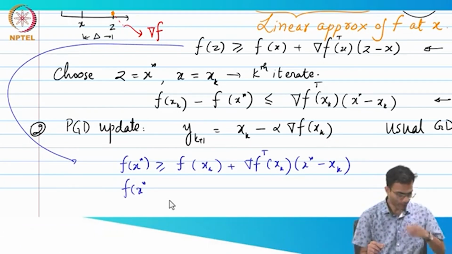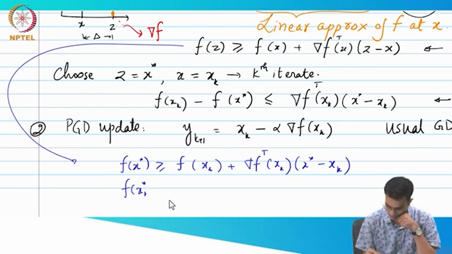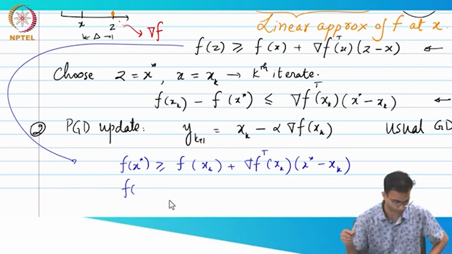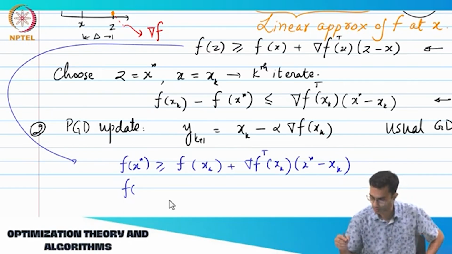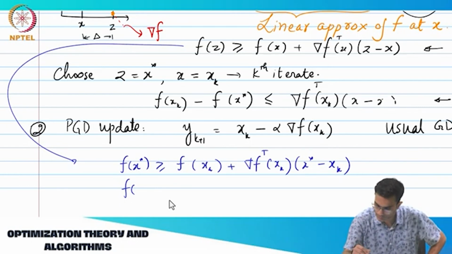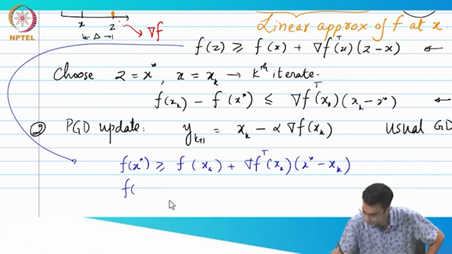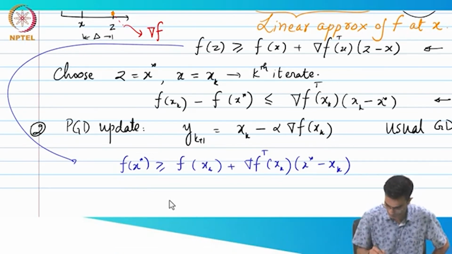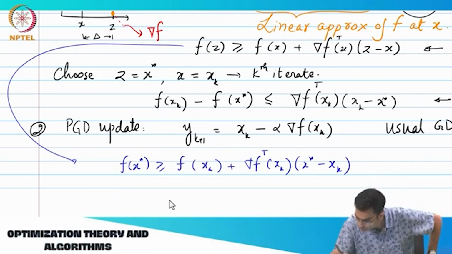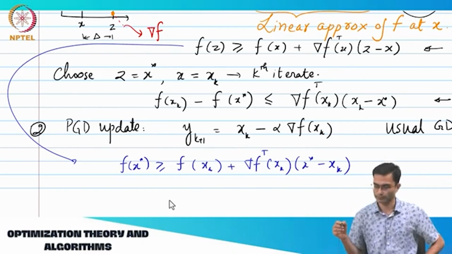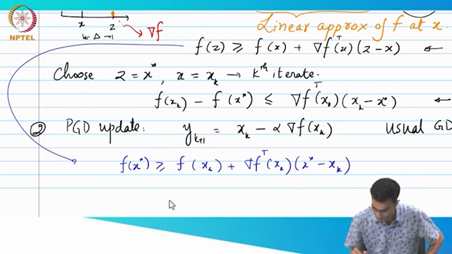So you're right, the inequality gets flipped, is that right? Thanks for catching it. Let me just correct it.